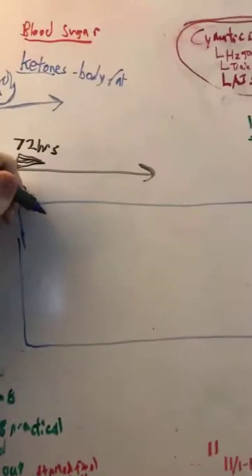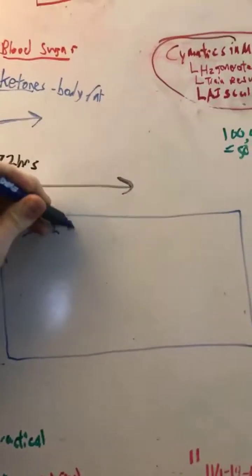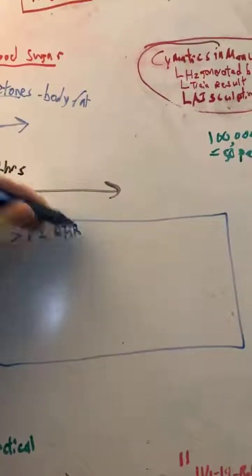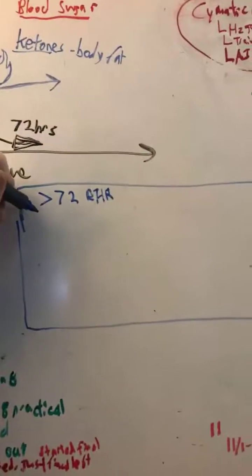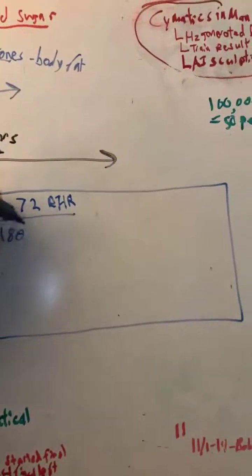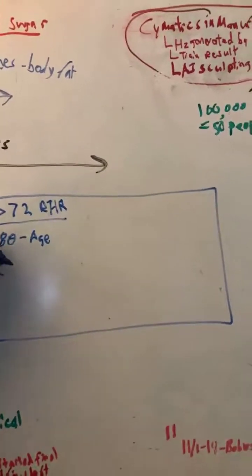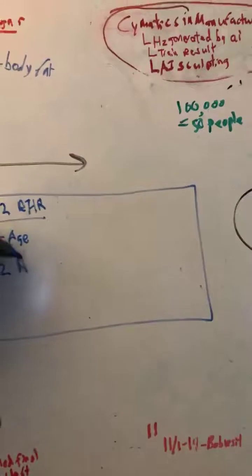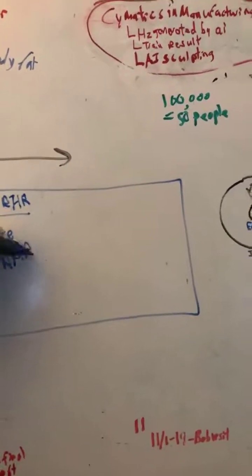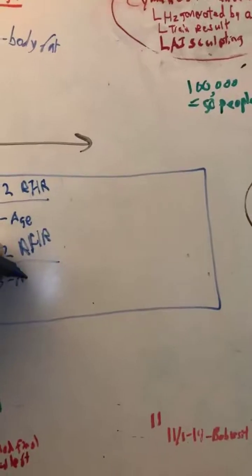Okay, cool. So resting heart rate greater than 72, we'll call it RHR in our example, that's going to give you 180 minus age. If you've got a resting heart rate less than 72, RHR, it's going to be 168 minus age.